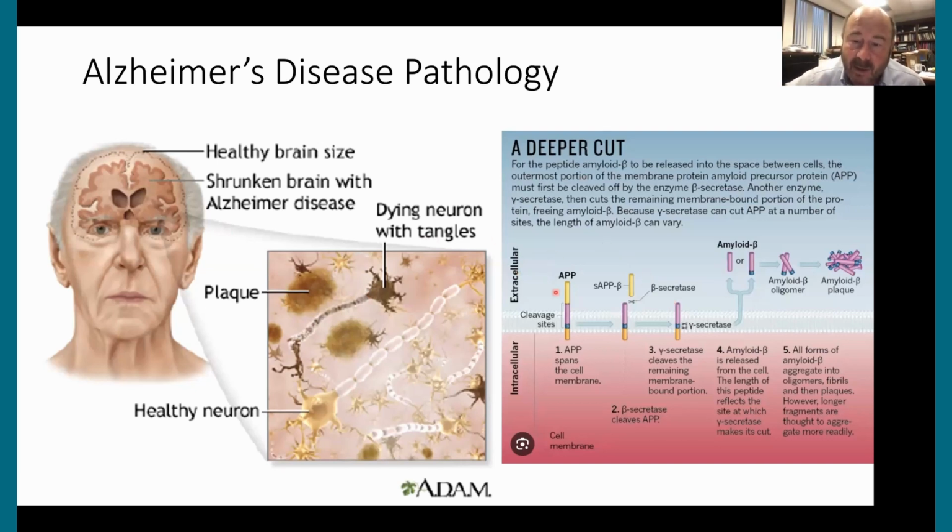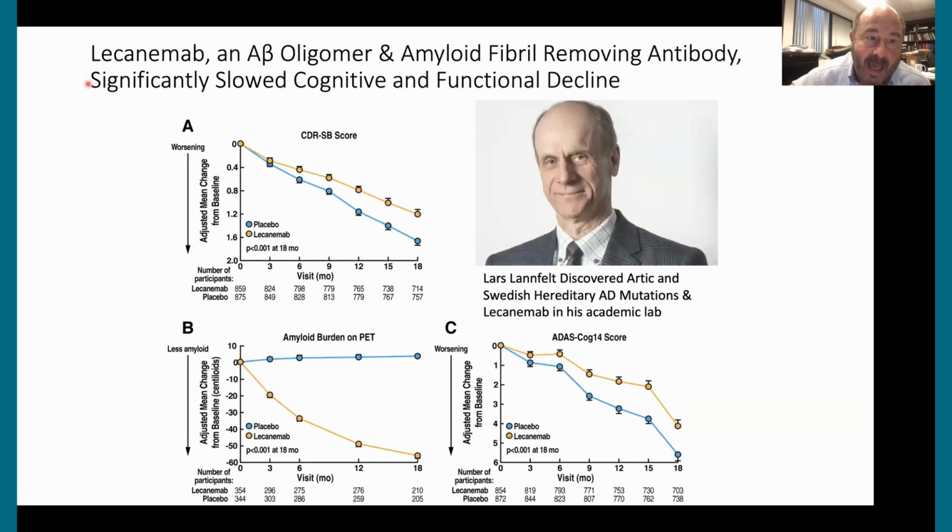So in particular, the notion was that the generation of the A beta peptide and its aggregation into amyloid plaques is the initial and important insult in Parkinson's disease. And then later, the intracellular tau amyloid is what causes memory dysfunction. Although now there's an antibody that was discovered by Lars Lannfelt that blocks A beta aggregation and binds to amyloid fibrils, which in turn recruit microglial cells.